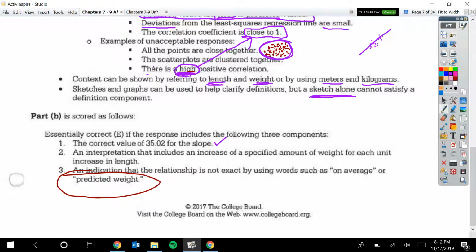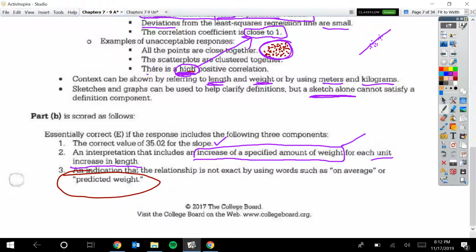The interpretation includes that an increase of a specified amount of weight. So for every 1 pound, I guess maybe we need to say for each unit increase in length.